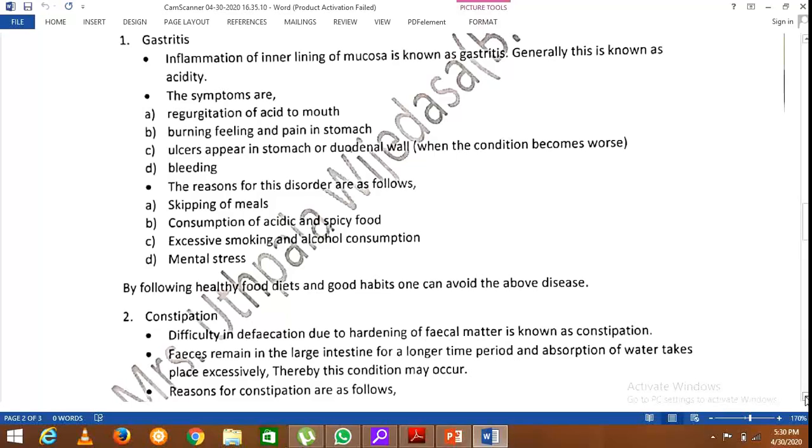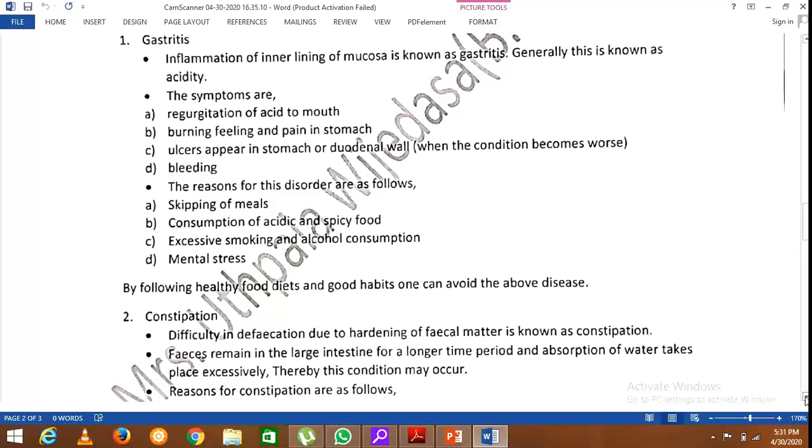Generally this is known as acidity inside the stomach. Regarding these diseases, you should know the causes, the symptoms, and how we can avoid these disease conditions. That is the main purpose, to give you an idea about how to get rid of diseases associated with each of these systems.